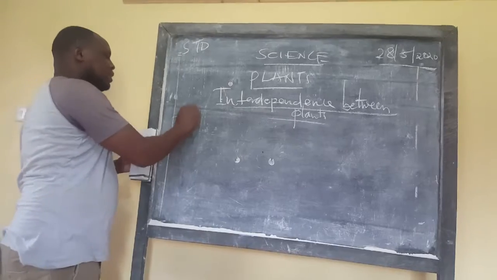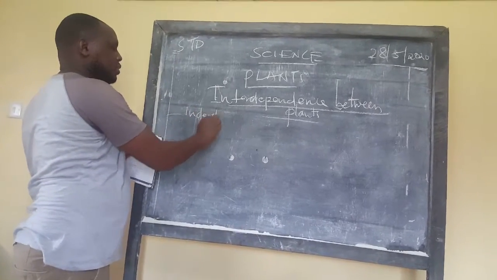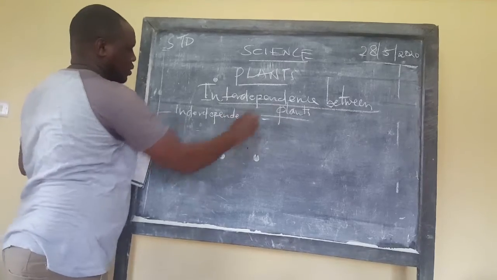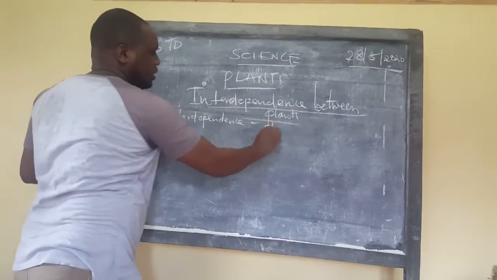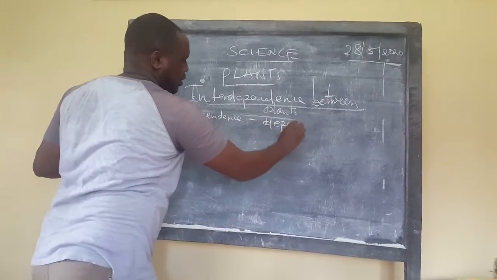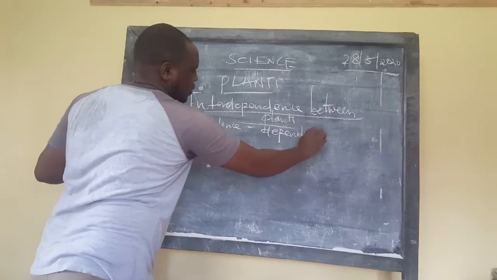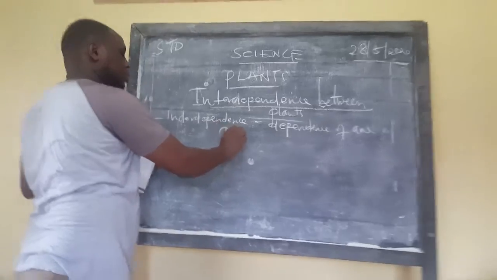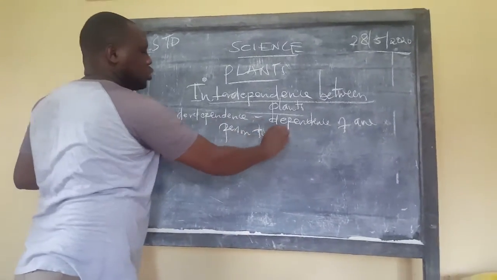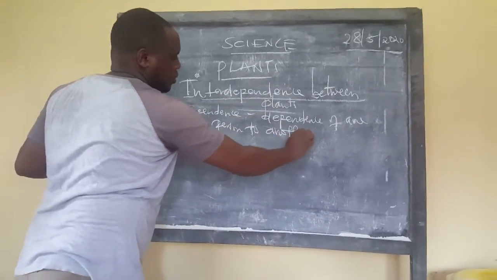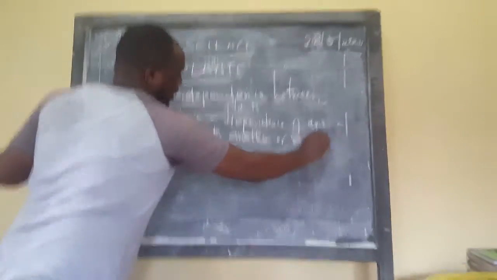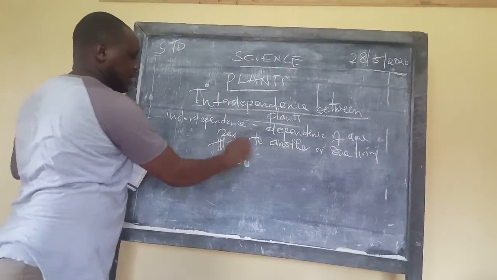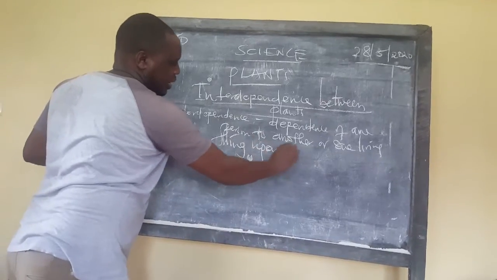So interdependence means dependency of one person to another, or one living thing upon another.